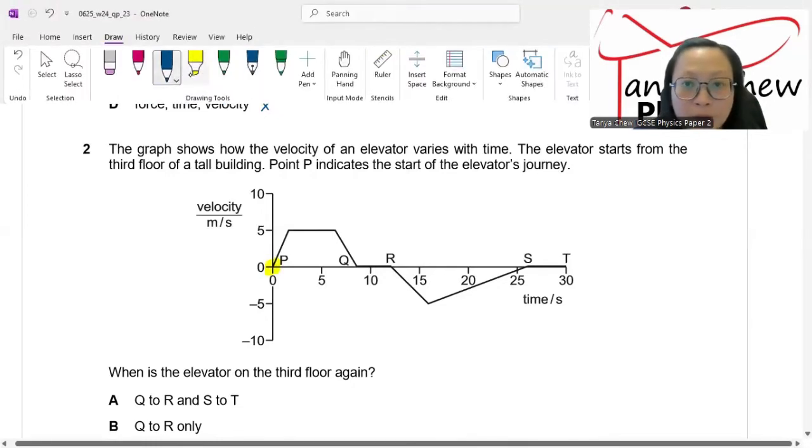Right, so when is the elevator on the third floor again? Let me start from the third floor, maybe going up or maybe going down and then back to the third floor again. So let us look at the graph itself. Look at the velocity. You bear in mind, velocity is a vector quantity, so direction counts. You look at velocity from P, and then all the way it goes up to 5.